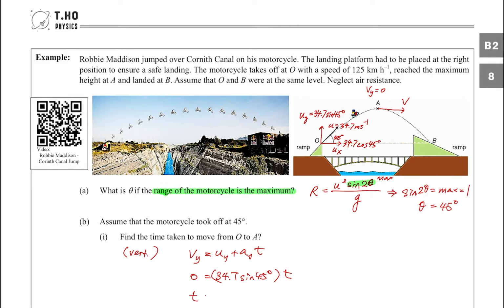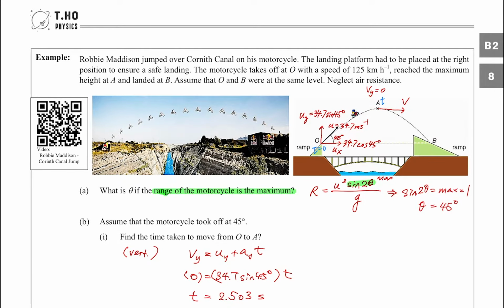So solving this equation, t would be 2.503 seconds. So it takes 2.5 seconds for the motorcycle to go from the starting point where t is equal to 0, and when it reaches point A, t is equal to 2.5 seconds.